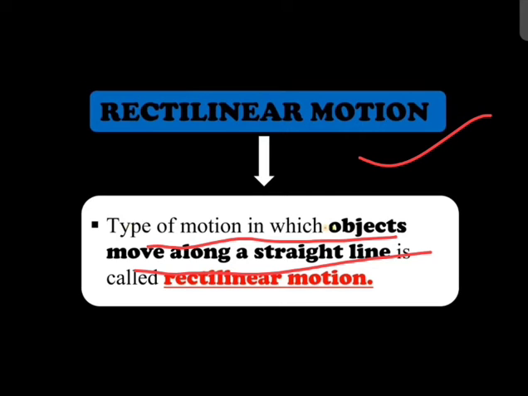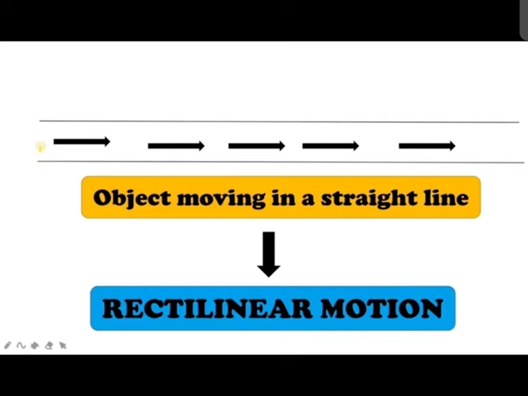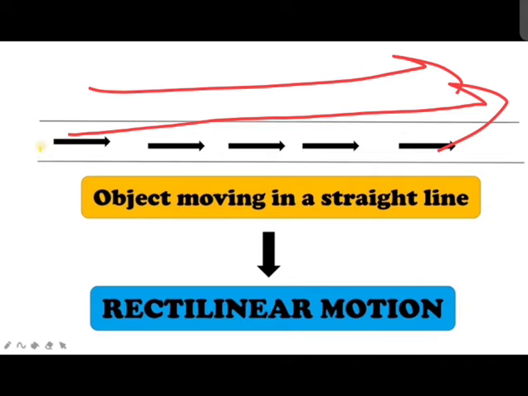Now let's discuss them with examples. The objects which move in a straight line like this are considered as the objects which are in rectilinear motion. Those objects which always move in a straight line.